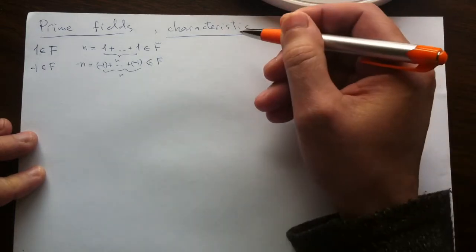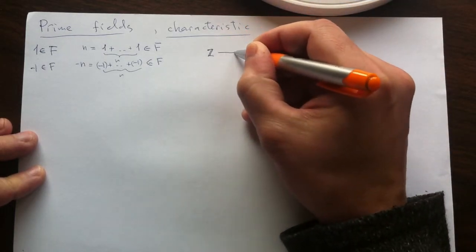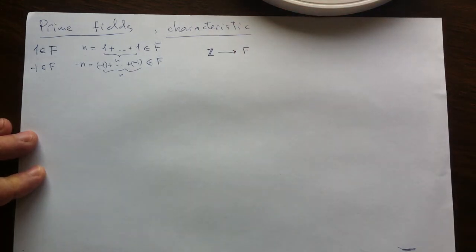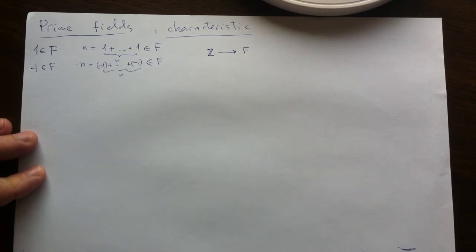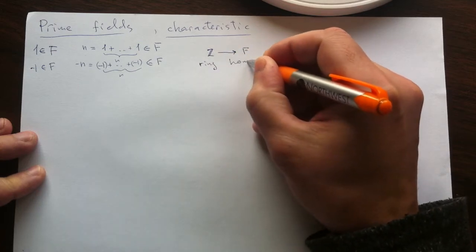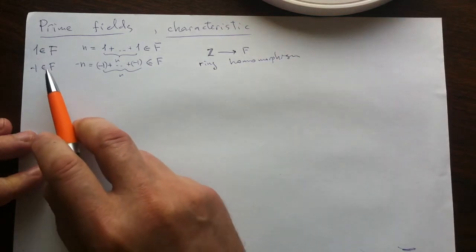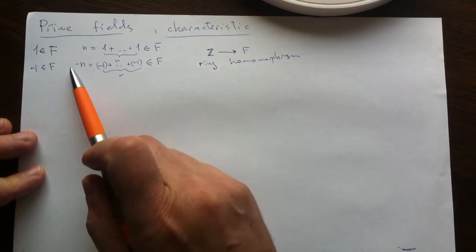So all in all, we have a way of assigning elements of our field to any integer. It is very easy to check that this assignment defined this way is a homomorphism, a ring homomorphism. What I just said applies to all rings, not even commutative, just all rings.